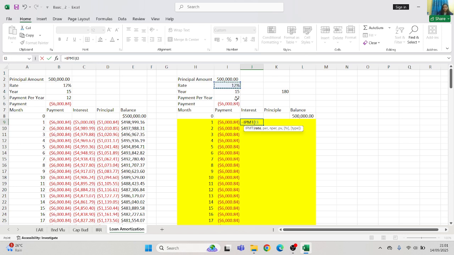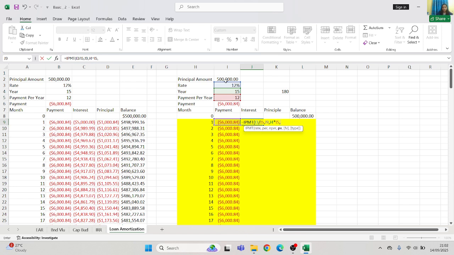Rate means 12% divided by payments per year, per means H9, and NPER means year multiplied by payments per year.